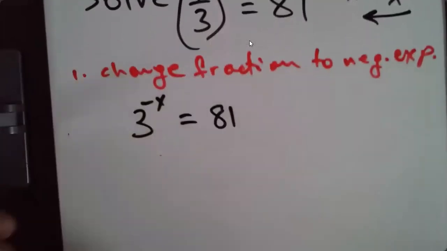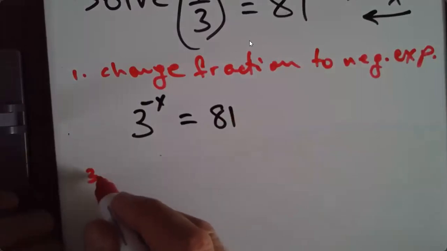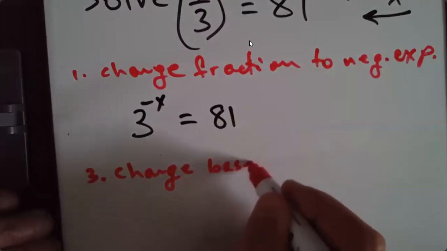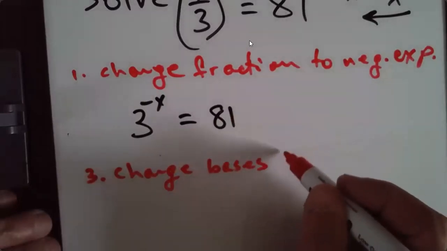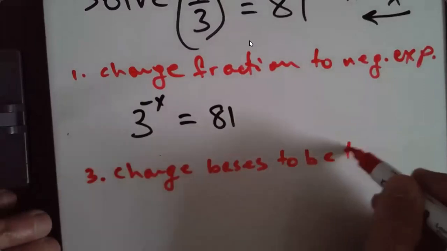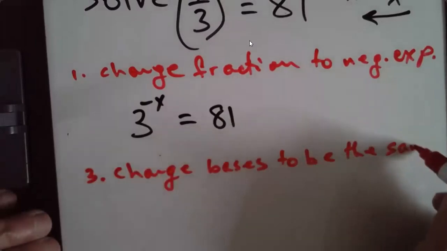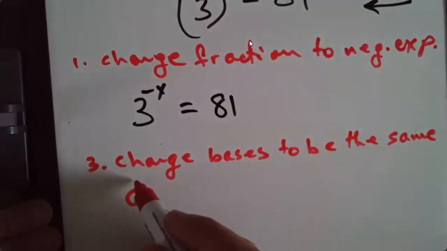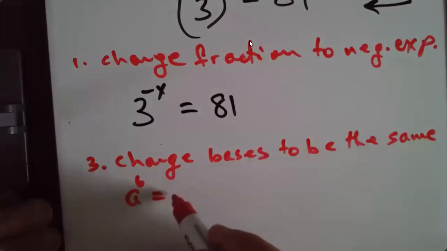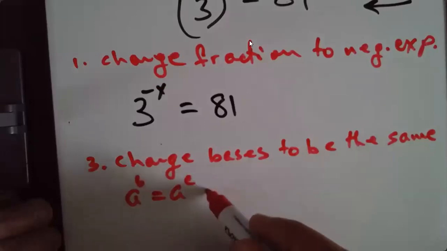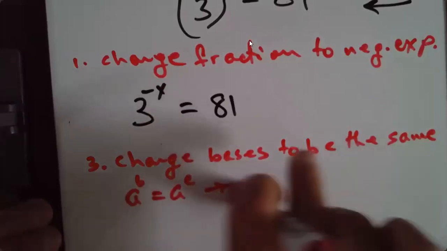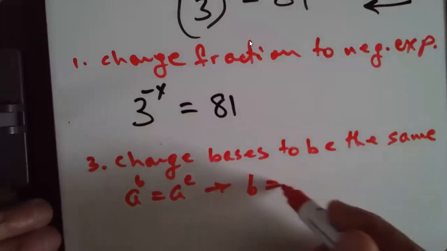Next we want to change the bases so they are the same, if possible, so that you can apply a to the b equals a to the c, and then you can set your exponents equal to each other. So therefore b equals c.